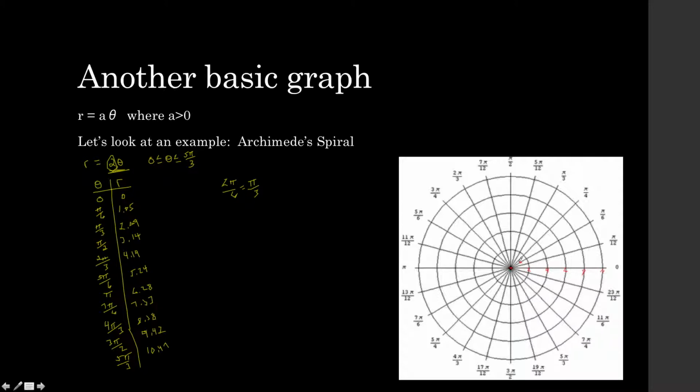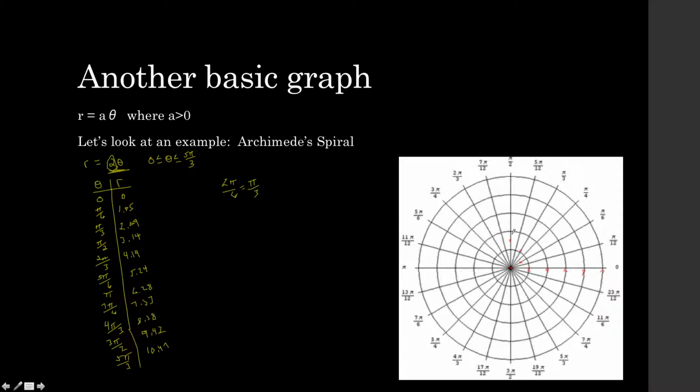We have pi over 3, 2.09, which is going to be somewhere right in here. Then you have pi over 2, 3.14. So this would be 2, and so 3.14 is probably right in here.